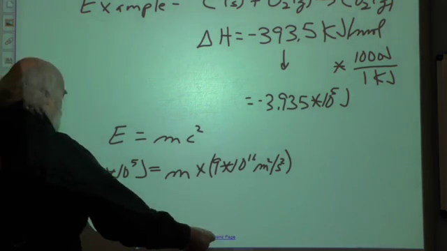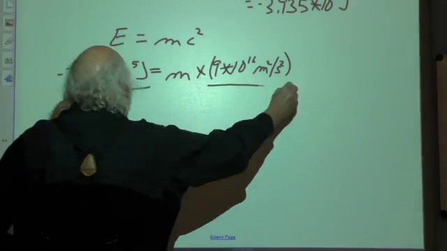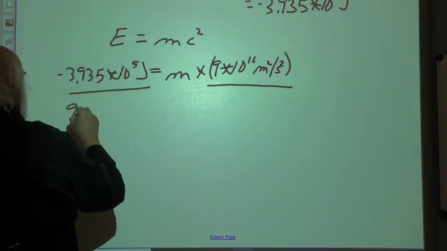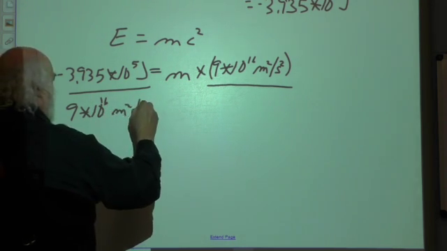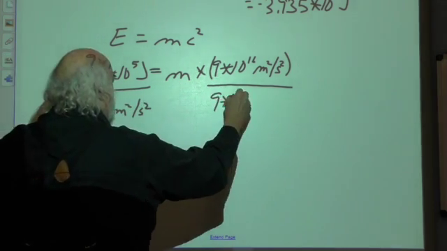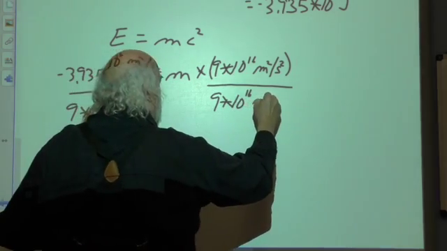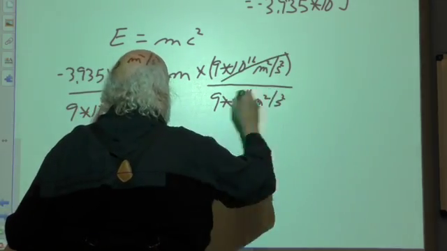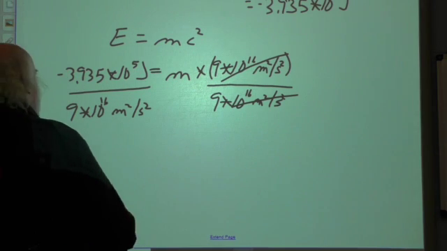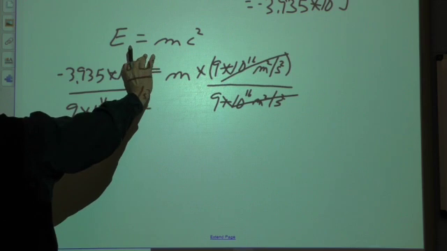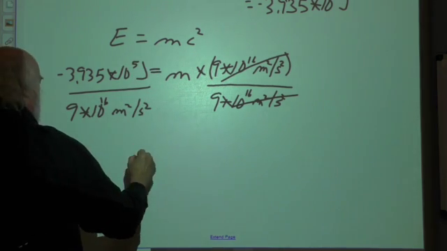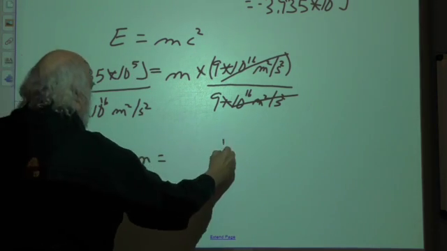So we divide both sides by that 9 times 10 to the 16th meters squared per second squared. The meter squared per second squared cancel out, and that's going to leave us a kilogram value.